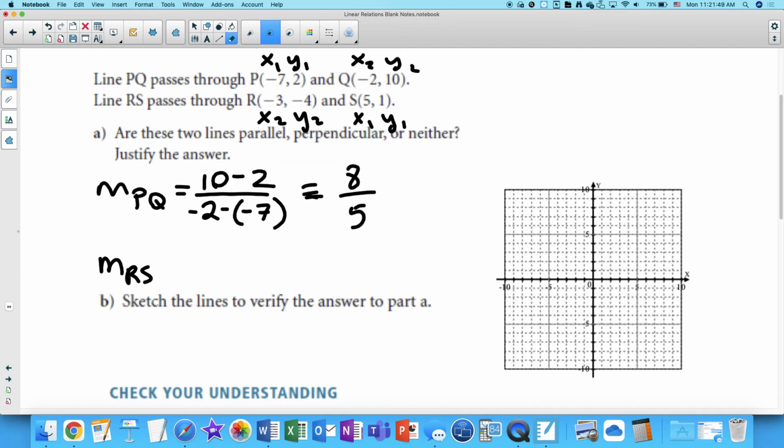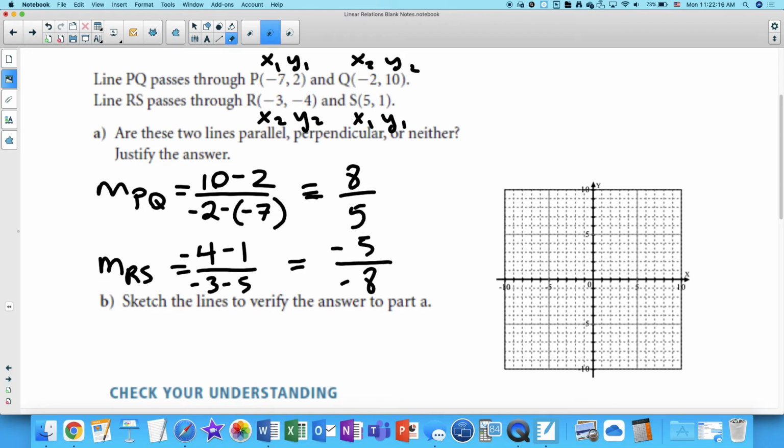Here, y2 minus y1 is -4 minus 1, and x2 minus x1 is -3 minus 5. So this becomes -4 minus 1 is -5, and -3 minus 5 is -8.